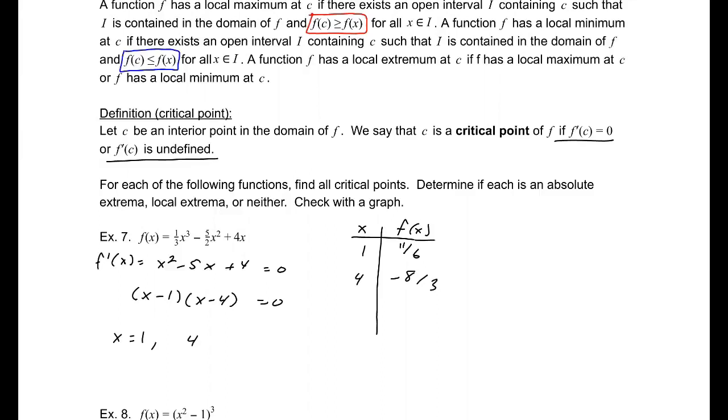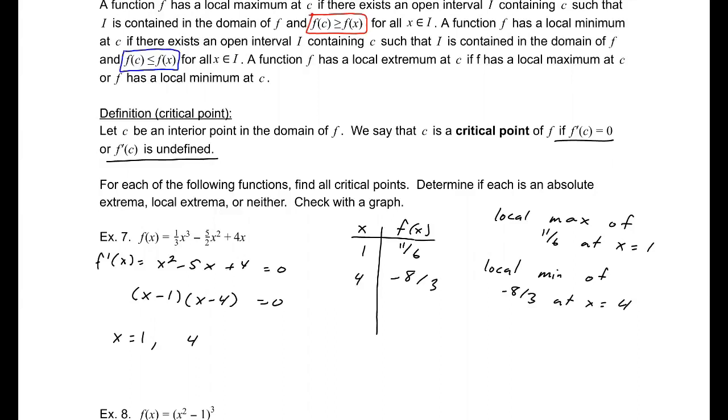So we have a local maximum of 11/6 at x equals 1, and a local minimum of -8/3 at x equals 4.